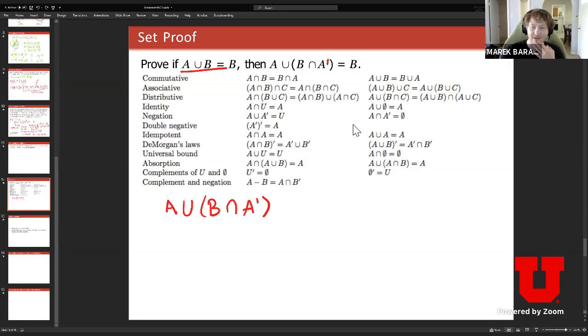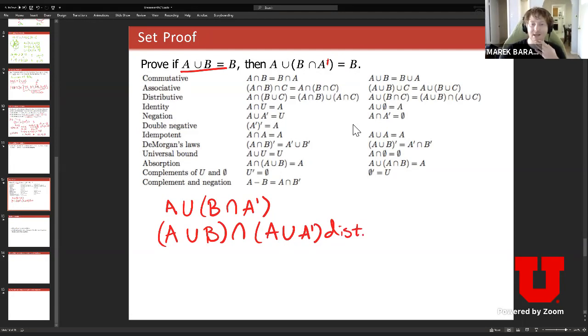Okay, can someone tell me where to start? Start with the left-hand side, and I use the distribution. Okay, so we do distributive, so we get A union B, intersect A union A complement.